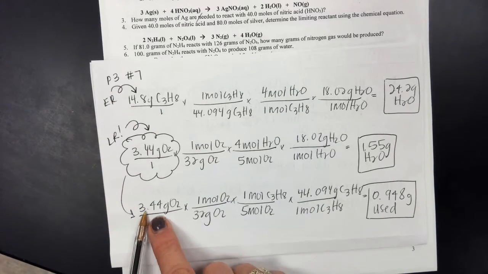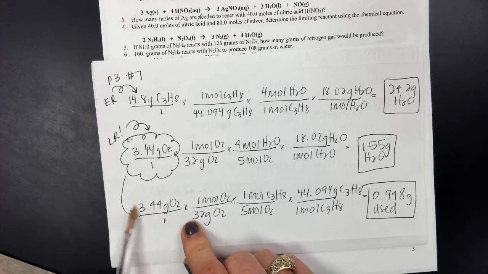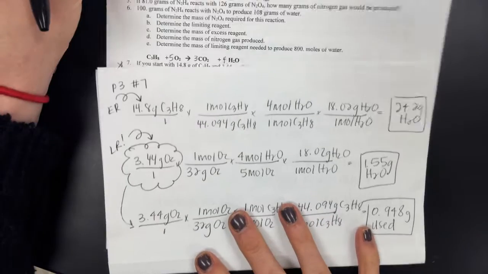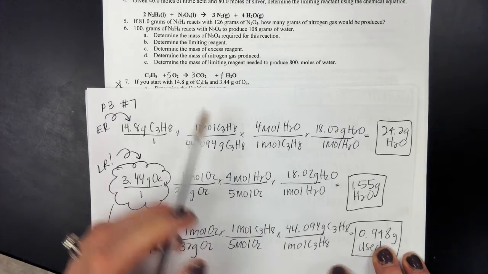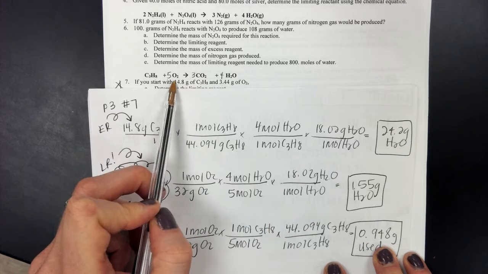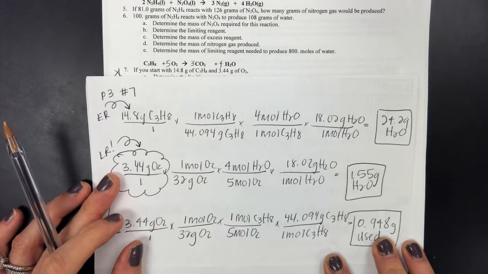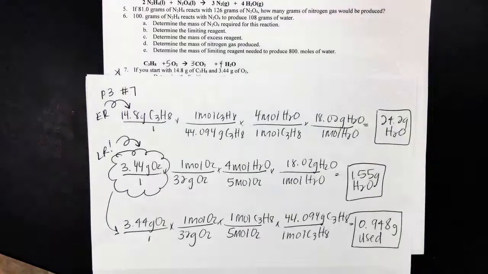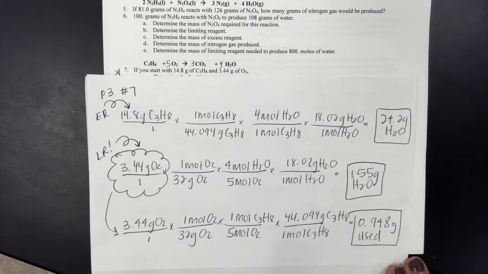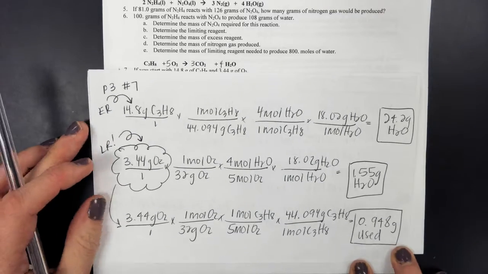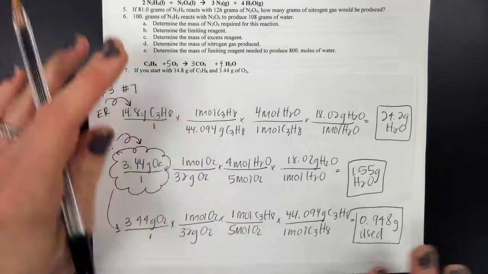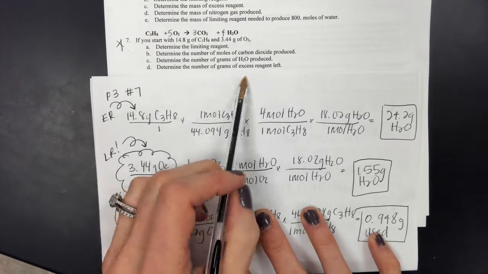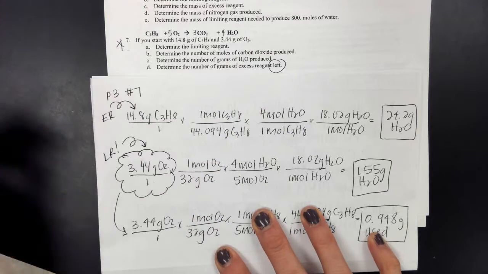Okay? So 3.44 grams of oxygen reacted with 0.948 grams of C3H8. I'm sorry. Okay, so this is how much was used, but it asked me how much excess reagent is left.